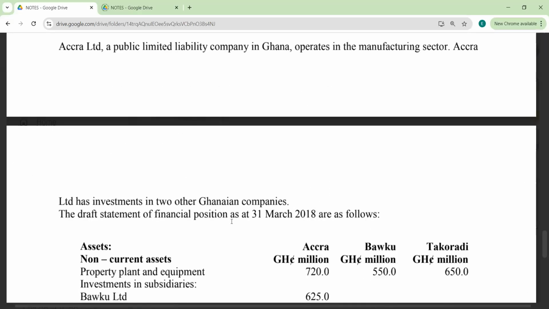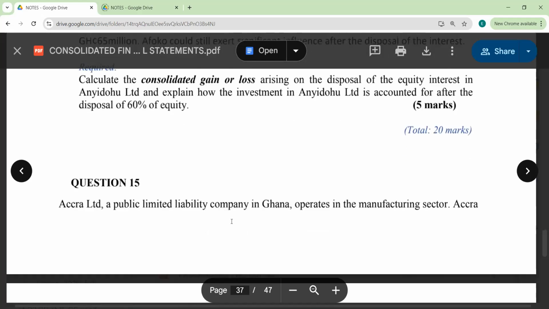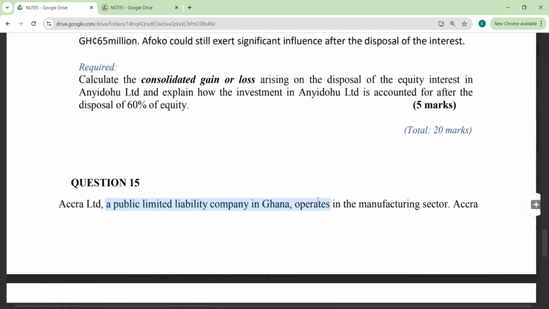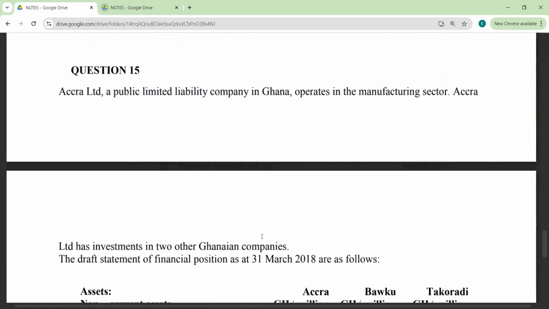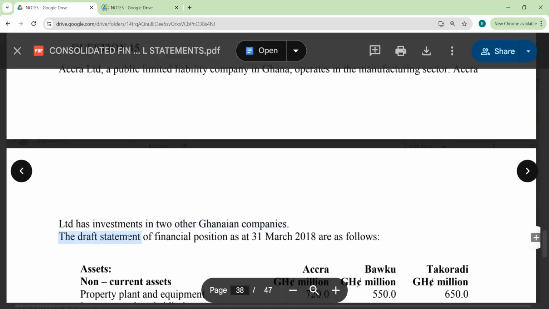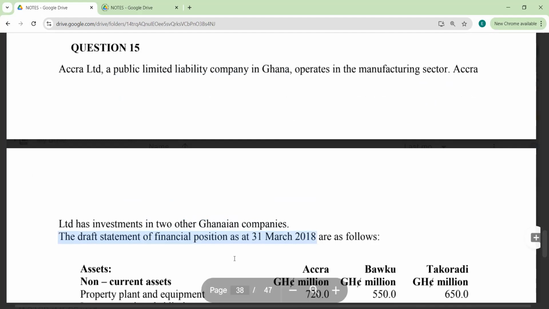When I check the top part of the question, I only see Accra Limited, a public limited liability company in Ghana, operating in the manufacturing sector. Accra Limited has investments in 2 other subsidiaries, other Ghanaian companies. The draft statement of financial position as of 31st March 2018 is as follows.